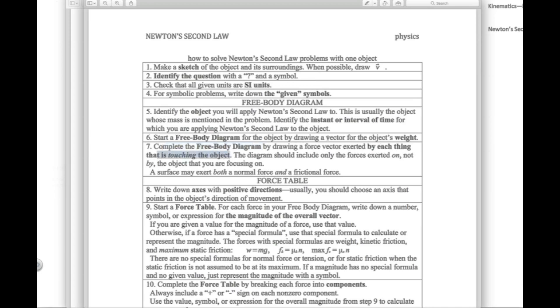Because remember, aside from the object's weight, all the other forces in your free body diagram in the first semester will usually come from things that are touching the object. If something is not touching the object, it's not going to exert a force on the object. That's the rule that will generally work for first semester problems, aside from the force for the object's weight.